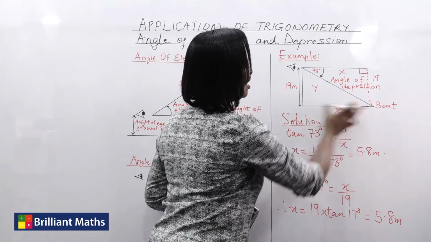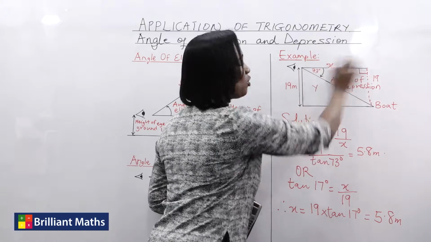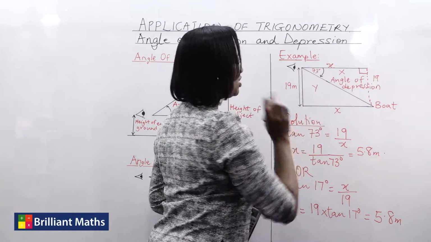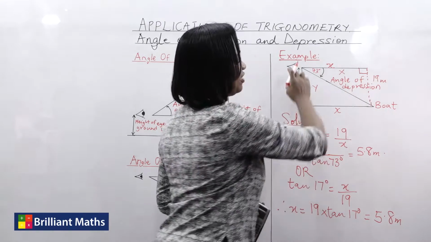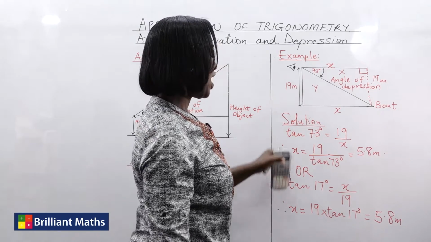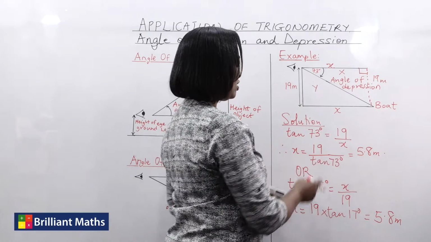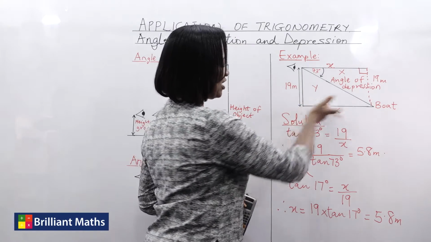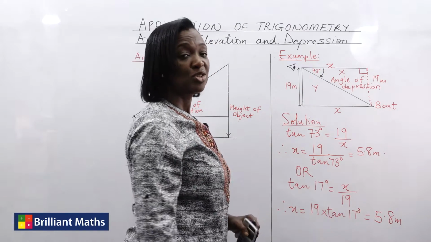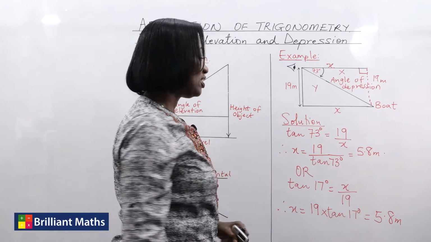This line measures the same as this, so we can represent this by X. So the opposite, which is 19 meters, over the adjacent to the angle of depression. So we have tan 73 degrees is equal to 19 over X. To find X, which is that distance, we'll cross multiply and make X the subject. So X is equal to 19 over tan 73 degrees.